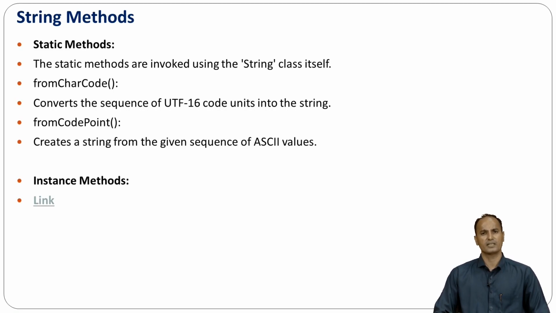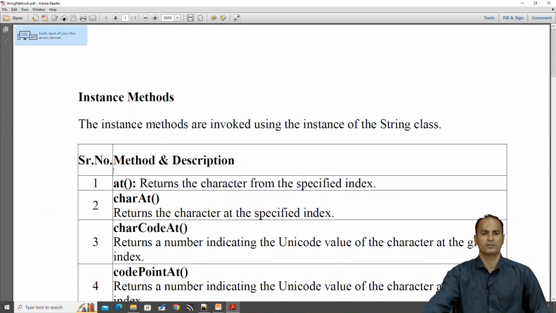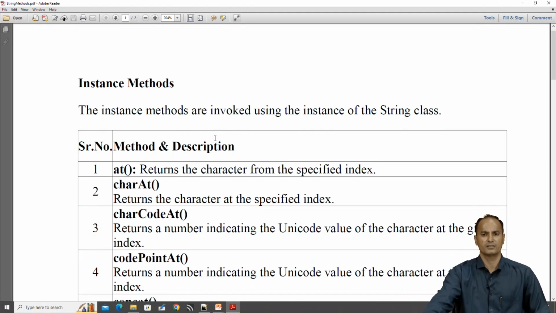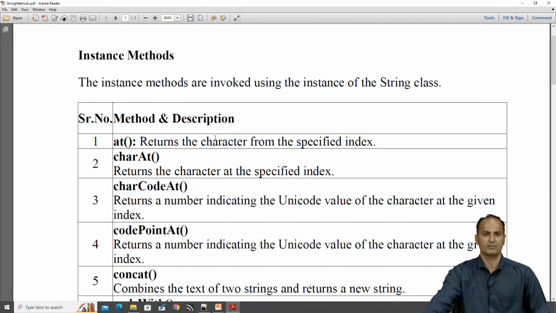These two are the static methods of string in JavaScript, while the rest are instance methods of the string, which we will see one by one. Various instance methods are available in the JavaScript string object, and we can manipulate strings using them. Practically we will check it.